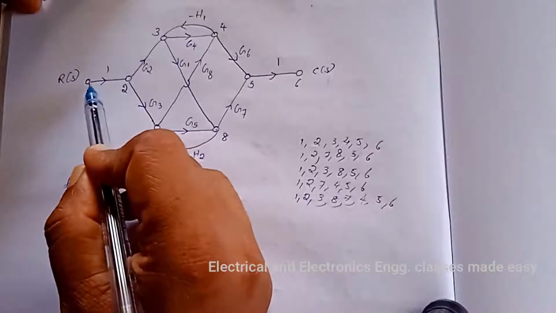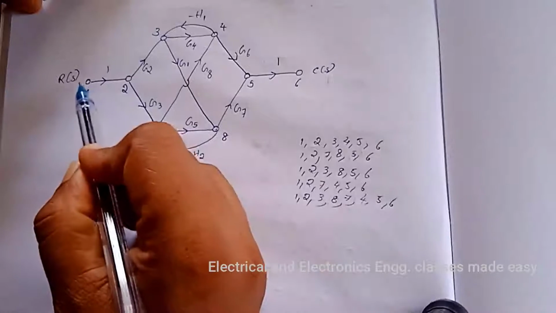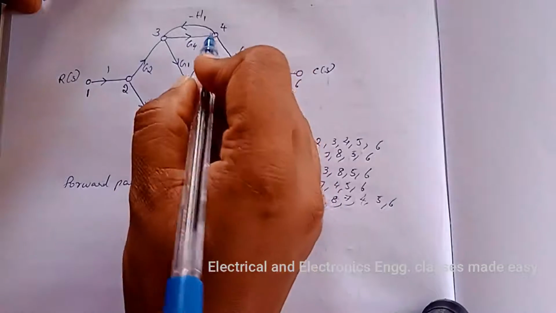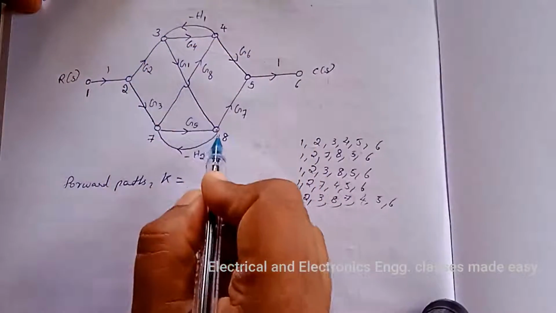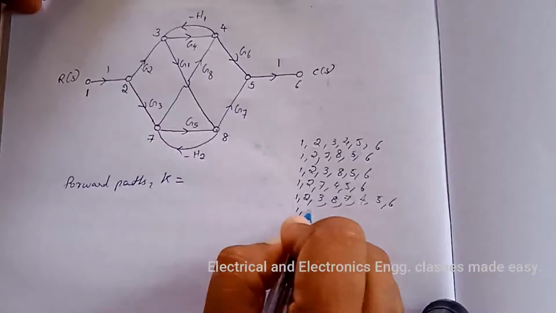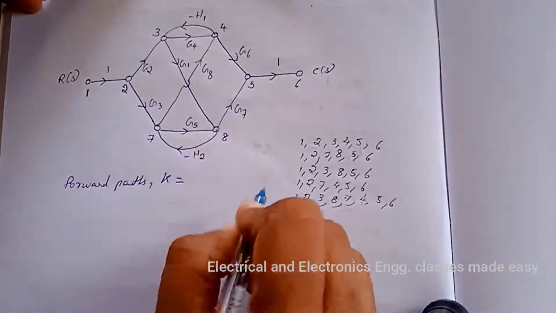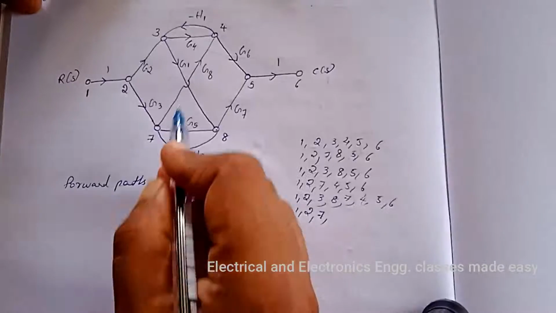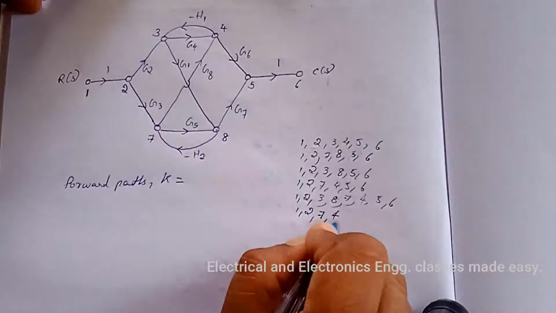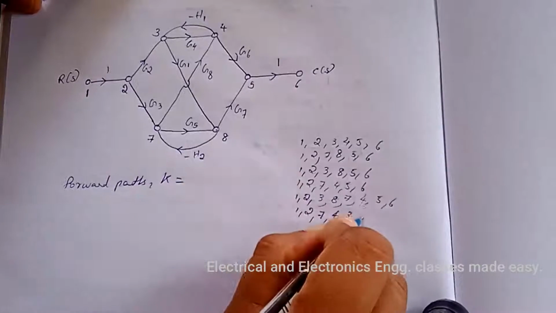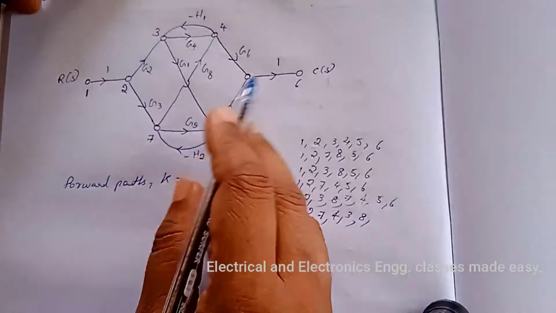Likewise here also the one forward path is there, 1, 2, 7, then 4, 3, 8, 5, 6.